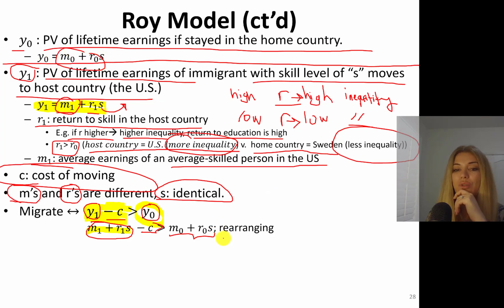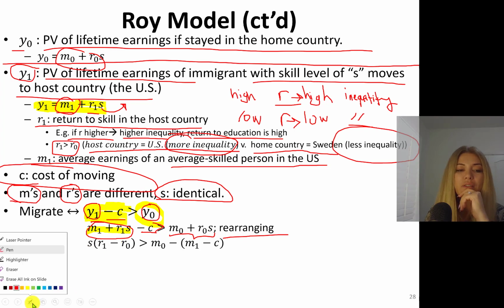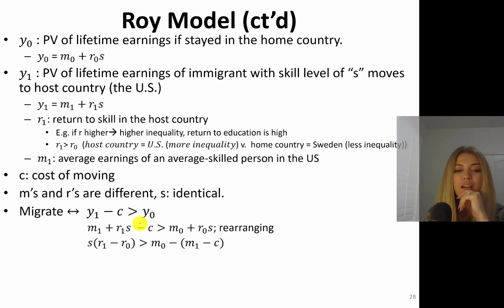If you rearrange this, let's keep all the R's on one side and all the other things on the other side. Anything that has S, let's keep on the left-hand side. So this is already on the left-hand side. I'm going to move R0S to the other side. This positive will be negative. And I'm going to move negative C and M1 to the other side.